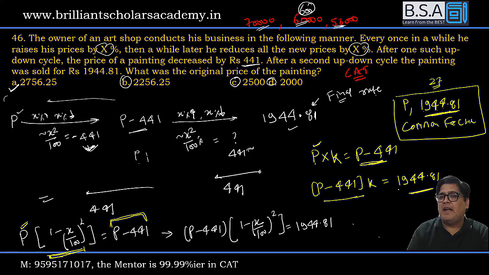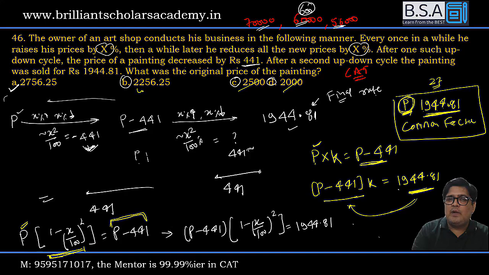If this is a multiple of 9, this will also be a multiple of 9, even though it is decimal, because this value is a multiple of P. So P is also a multiple of 9. How do we check a multiple of 9? Addition of digits. Add this once: 2 plus 2 is 4, 4 plus 5 is 9, 9 plus 6 is 15, 15 plus 7 is 22. It is not a multiple of 9.